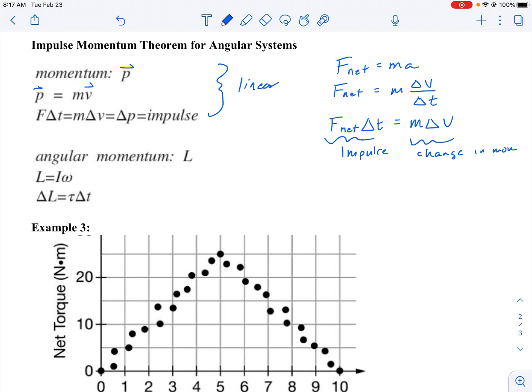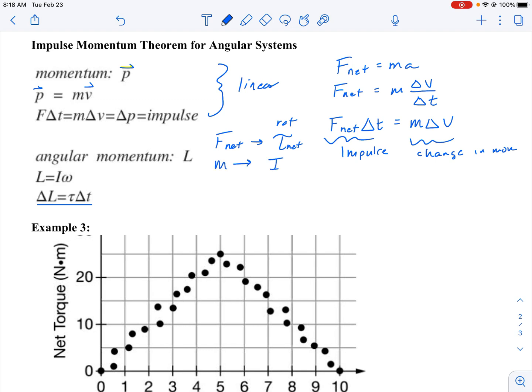We can do the same thing for a rotating system. We can say that the change in angular momentum is equal to the torque times the change in time. Remember that net force, when we go to a rotating system, is net torque.